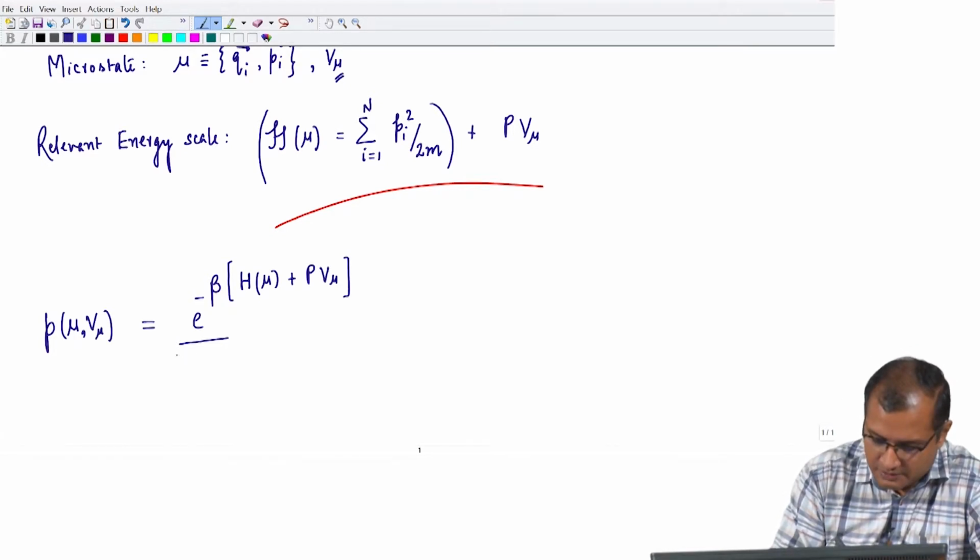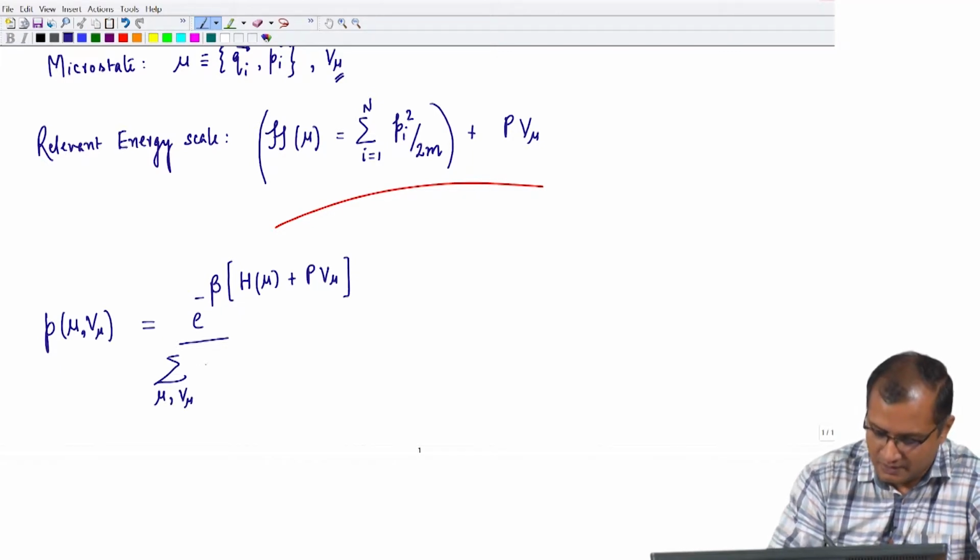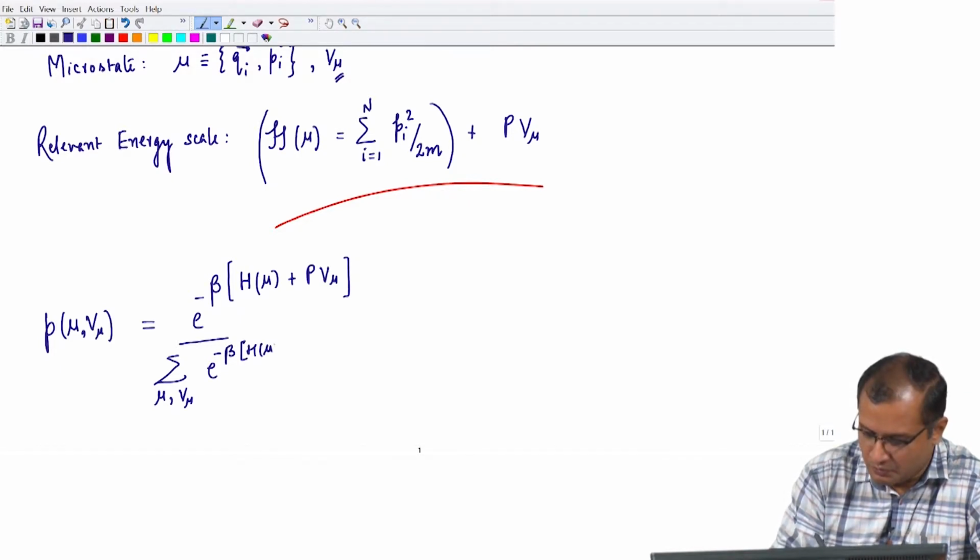I must write it with a norm which is nothing but the sum of e raised to minus beta times H mu plus P of V mu.